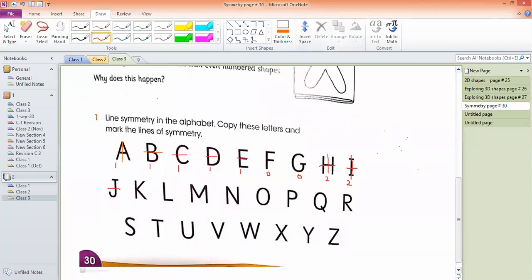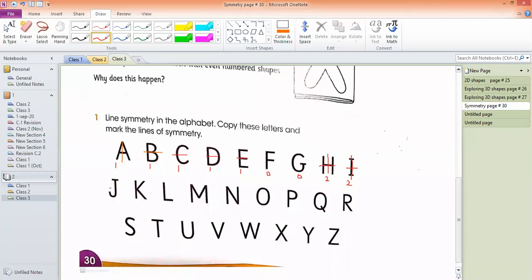Now, if I draw one line from the mid, you can see, guys, there is no curve like this from here. If you want to make it symmetric, there should be a curve like this. Then there could be a vertical symmetry, right?